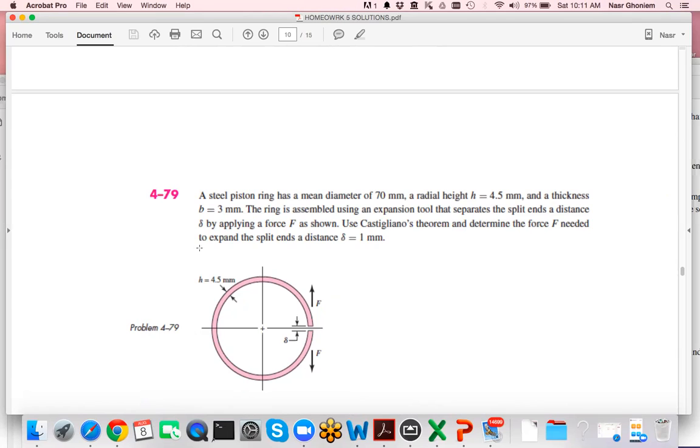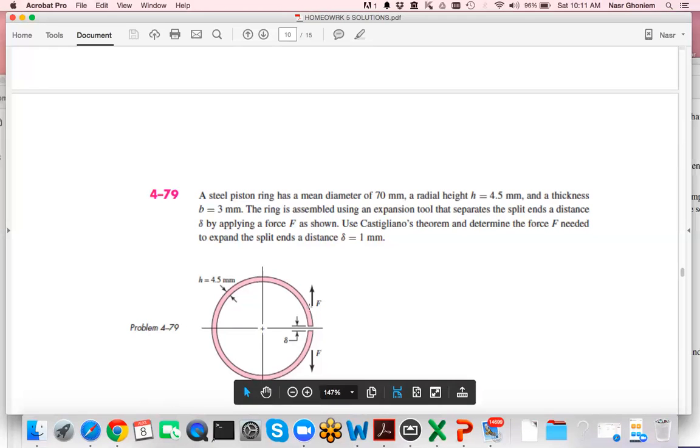So if we have a ring problem, we have to look carefully at what's going on. Here in this case, we have complete symmetry. So we can cut the ring at the mid-plane and then neglect the bottom half and just deal with the top half. That's a good way to do it, instead of going all the way around and facing two forces.